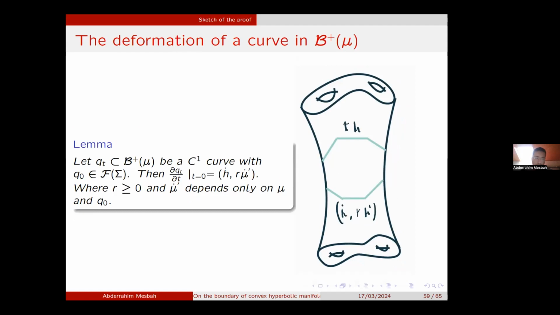If I take a C1 curve in B plus mu, that is, where the bending lamination on the upper component of the convex core is of the form t mu, then the infinitesimal data of this curve at 0, seen on the other boundary, will be h dot times mu prime, and this mu prime depends only on mu.